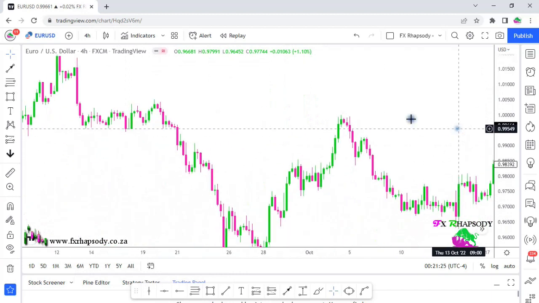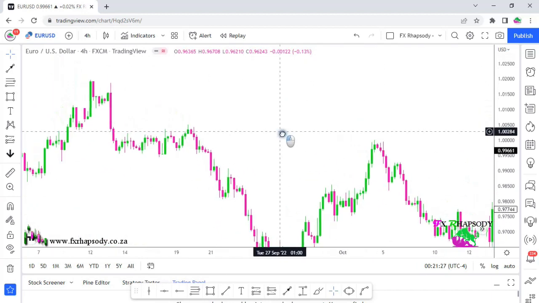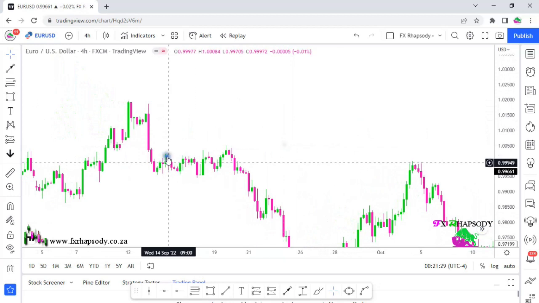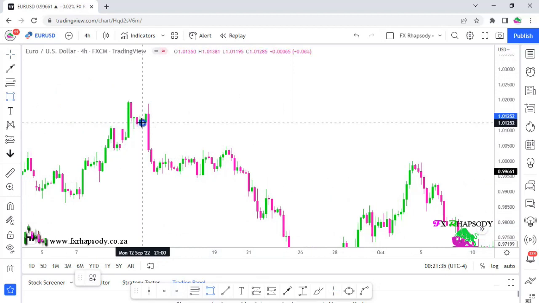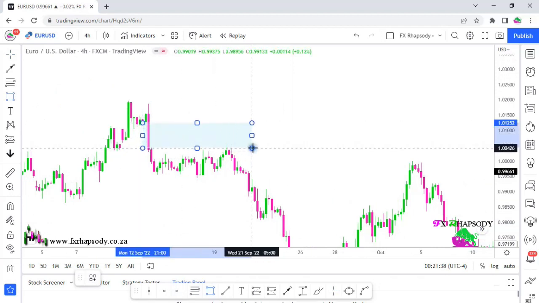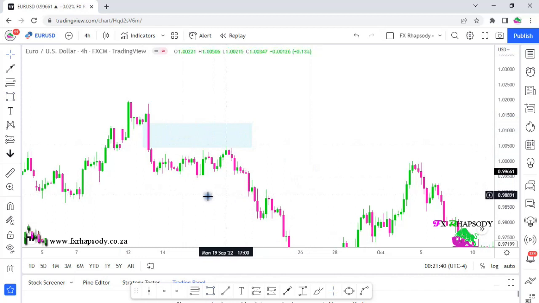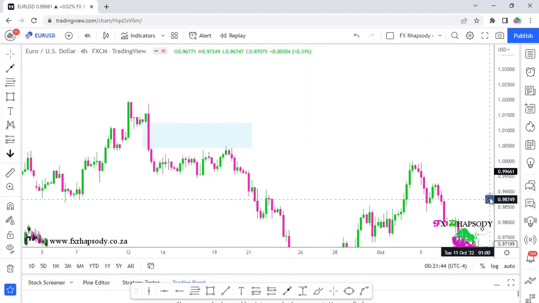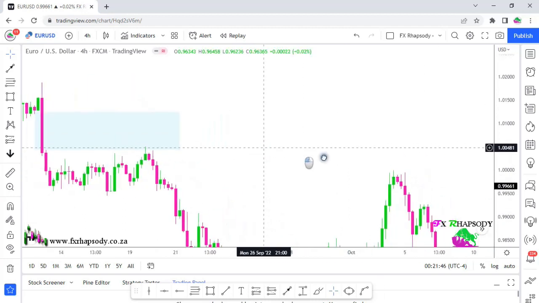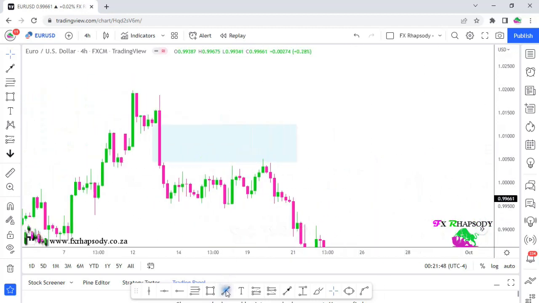Over here, this was in September, we do see a fair value gap that's formed. Right there. You could have traded that fair value gap where price retraced into it. But my thing is always, when it comes to these imbalances in the market, I always want to see price retracing halfway to it.